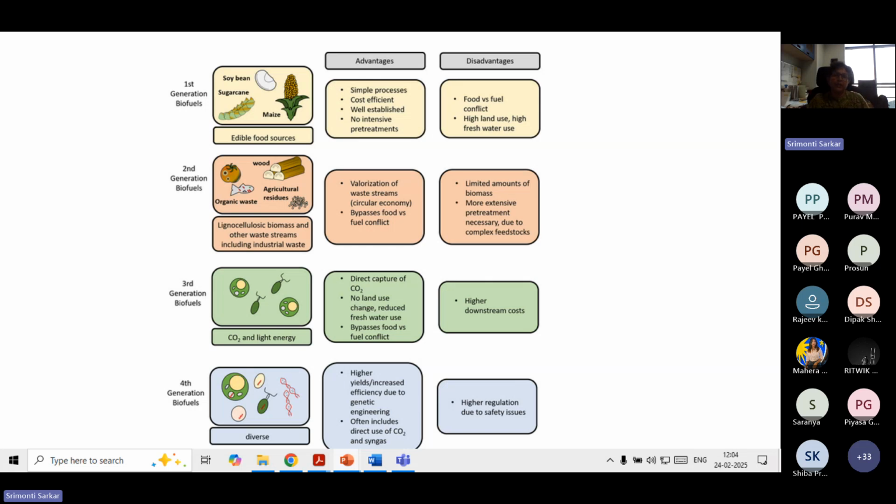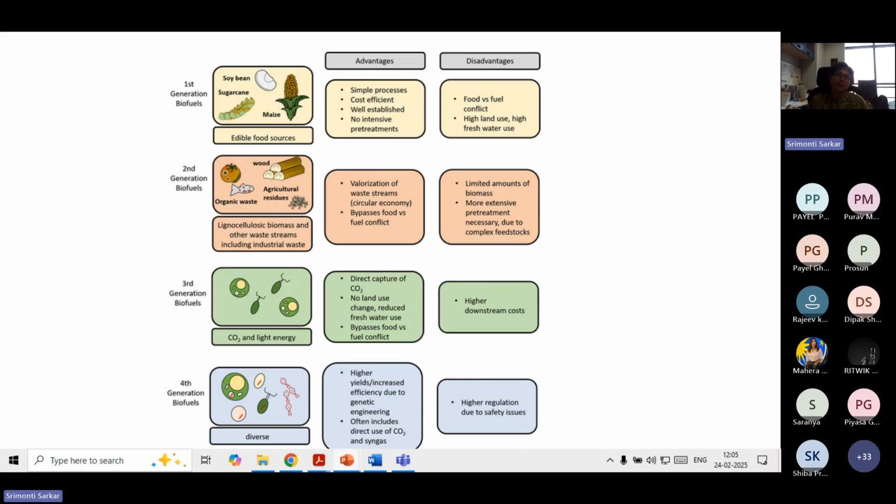And this brings us to the fourth generation, where we are trying to manipulate living organisms, whether they are plants, coaxing them to grow more rapidly, engineering them so that there is less lignin, or whether it is engineering those yeast that are going to convert the simple sugars into ethanol.